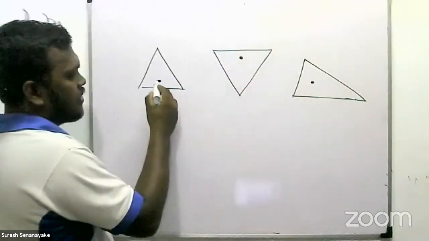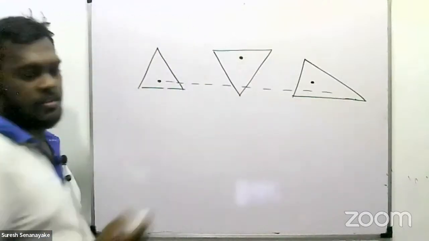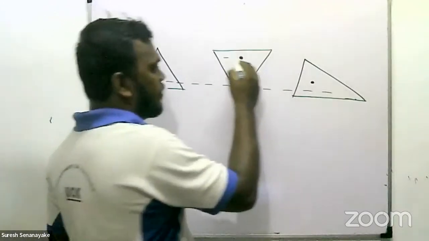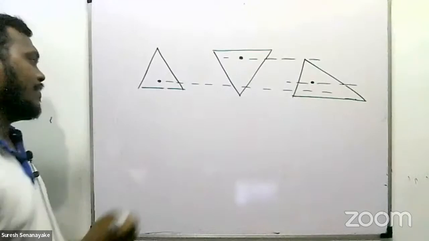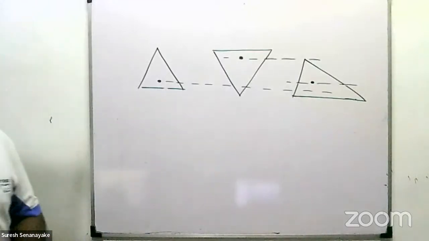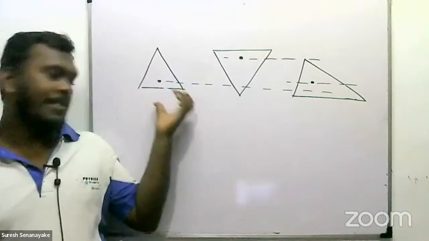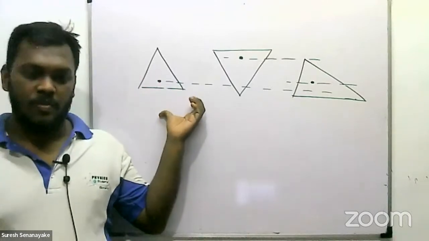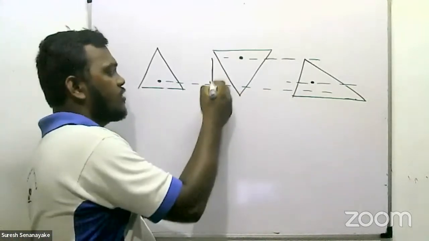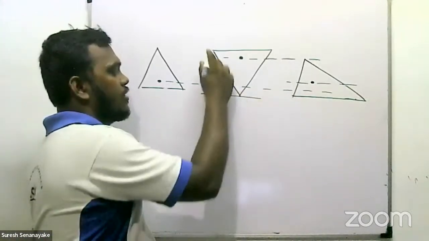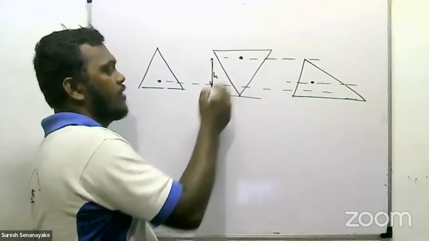In this case, the center of gravity is lowest at this point, and this one is moderate. So if the center of gravity is much below, the potential energy is also minimum. We can discuss the potential energy later. Potential energy you already know is mgh. From this level, h is higher there, and lower here.